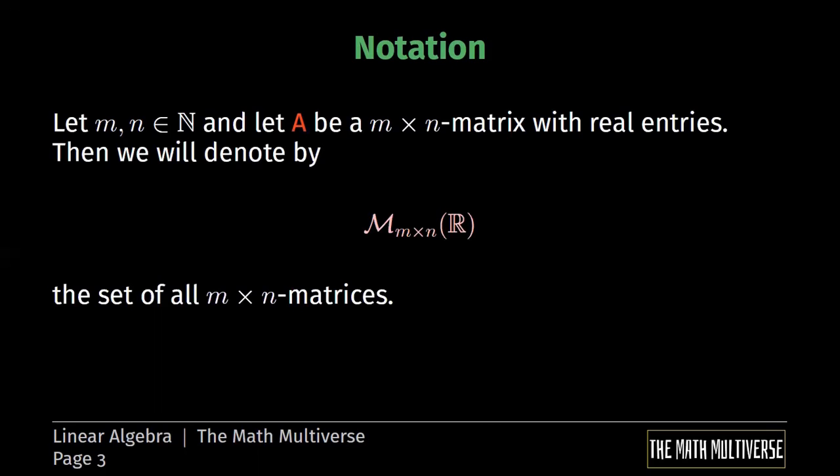We are going to denote from now on the set of all the m times n matrices by M m times n of R, where R denotes the set of real numbers. Here m is the number of rows, while n is the number of columns.